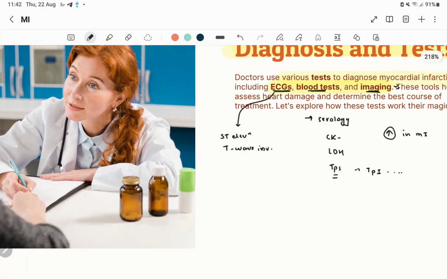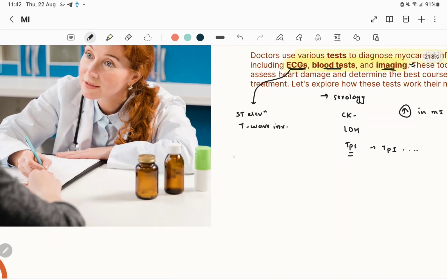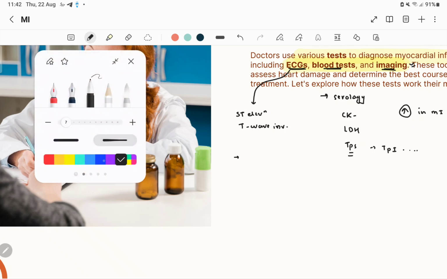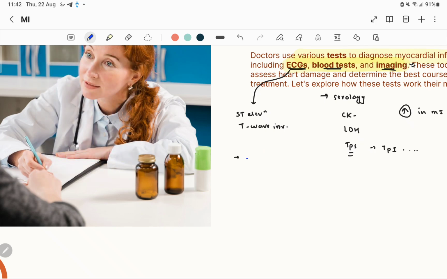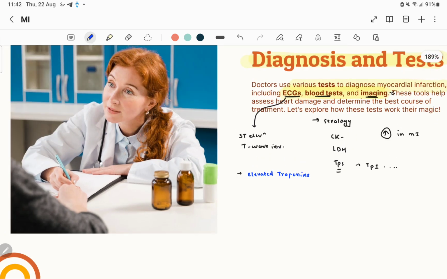So basically, if you want to write, you can note down the cardiac biomarkers like elevated troponins. You can write TPI and TPT, right?